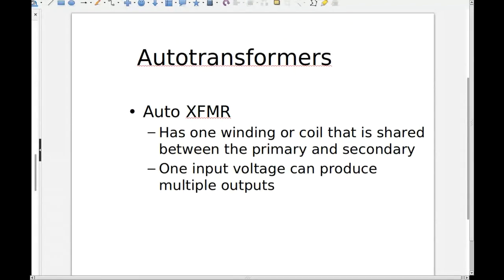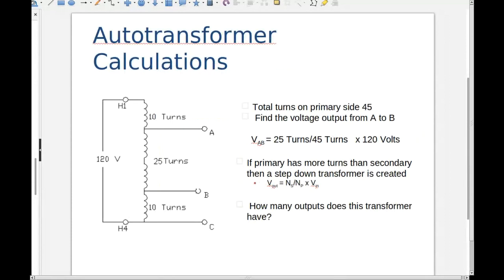An auto transformer is one where we have one winding with a tap on it or multiple taps. Okay, and so this is a little bit simpler to build, but it doesn't have any isolation. Other than that, it works pretty much identical to the isolation transformers, but it doesn't have electrical isolation.